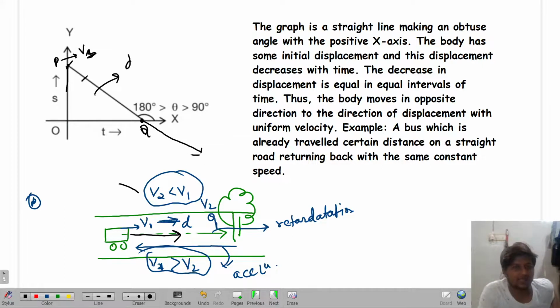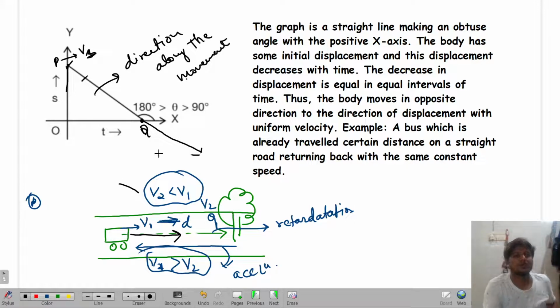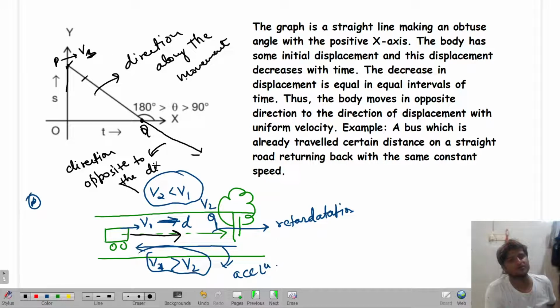So this is the direction along the movement. This is the direction opposite to the direction of movement. Got it or not? Yes or no?